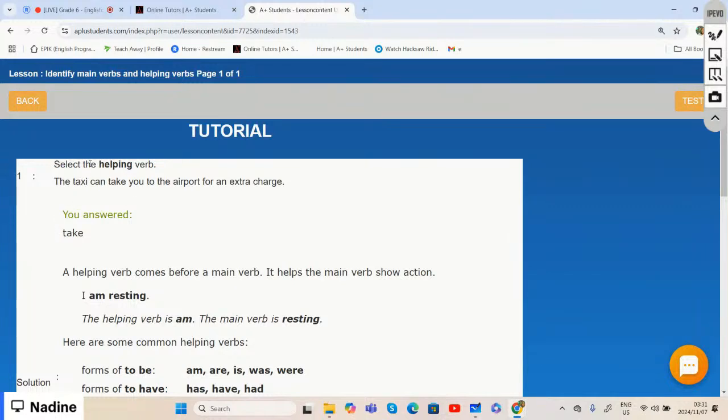All right, so here we're going to select the helping verb within that sentence.